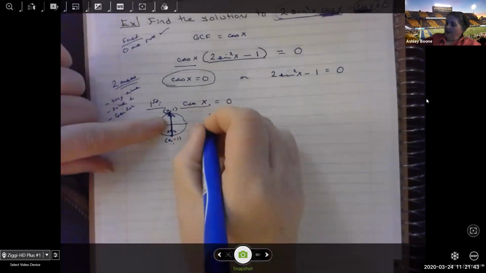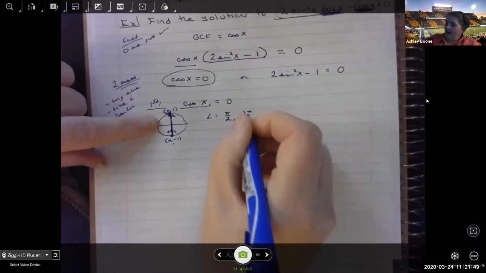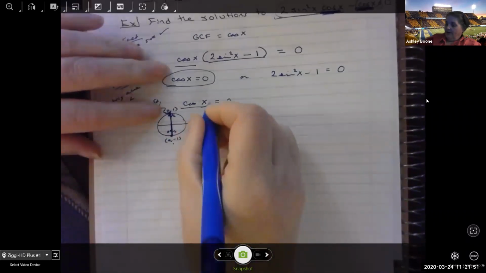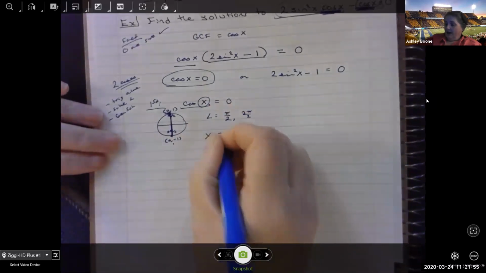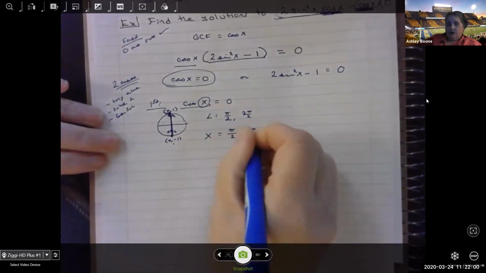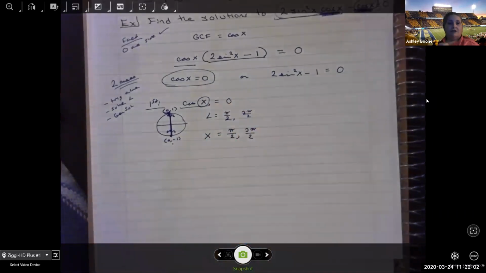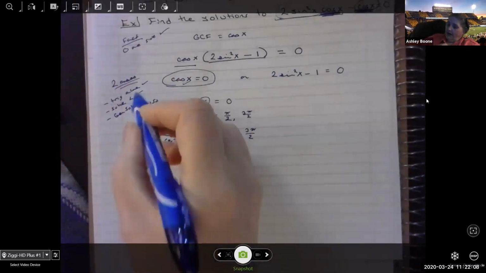So our angles in one revolution are pi over 2 and 3 pi over 2. That is, our angle is x. So unlike the last couple of examples, it is our x value. So our x value is pi over 2 and 3 pi over 2. In one revolution, those are our solutions. So we got the trig function alone. We solved for the angle.